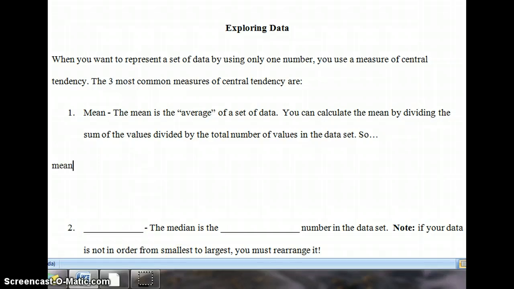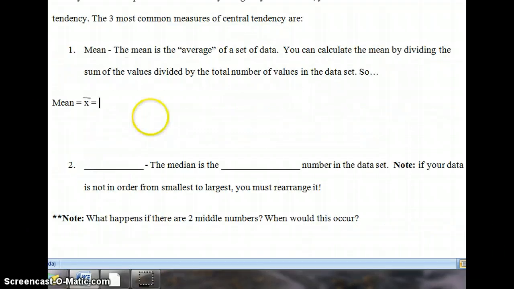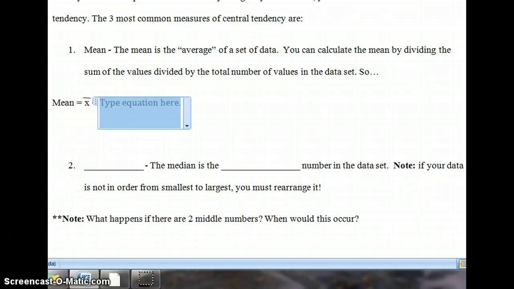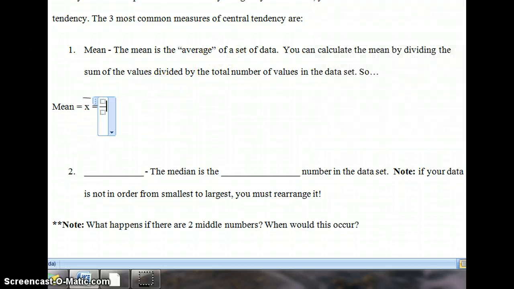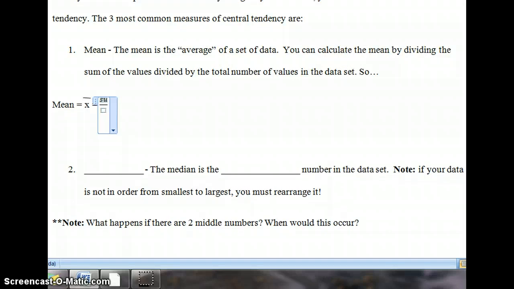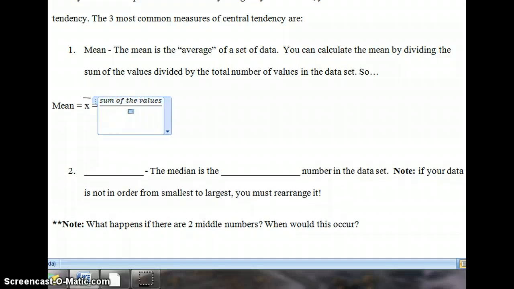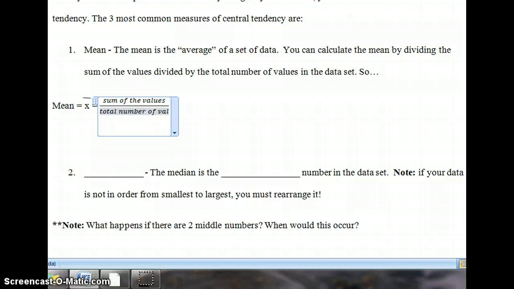The mean is equal to, we represent the mean by x with a little bar over it, and that is equal to the sum of the values divided by the total number of values in your set.